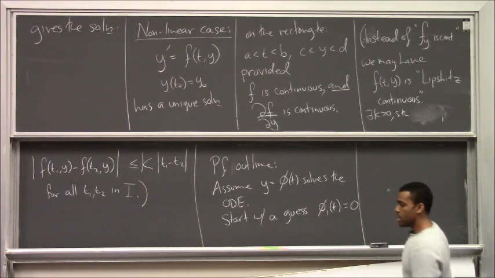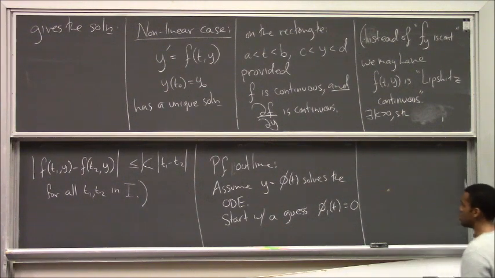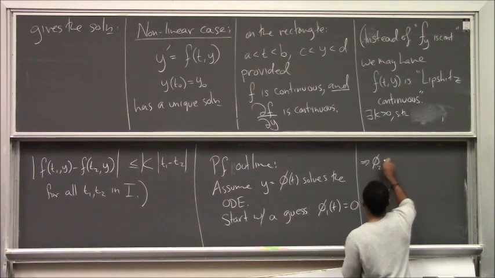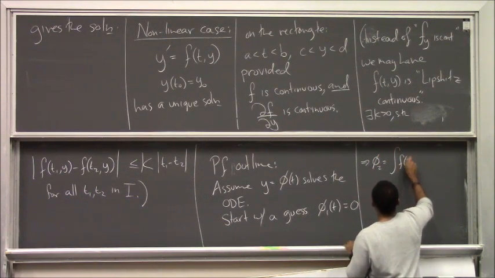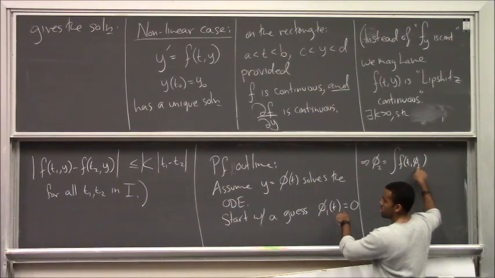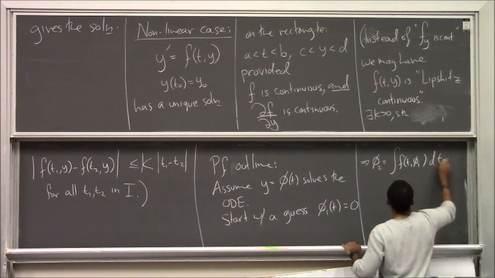And they do this kind of Newton-Raphson-ish approximation method where they successively generate new phis. Then phi of 2 is going to be the integral of f of t, phi of 1. So they're replacing the y with this function, which at first we assume is 0.